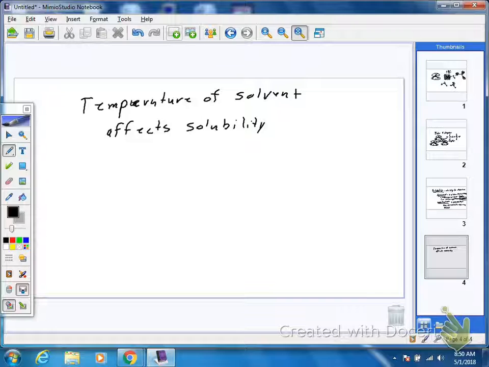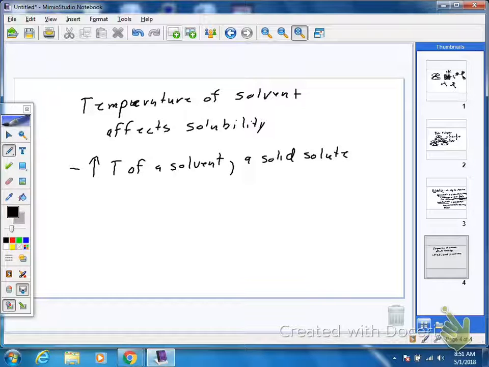Okay, so you guys could probably tell me, if we increase the temperature of a solvent, how does that affect how much can dissolve? What do you think? Increases. Increases for the majority of it, not everything. But if we increase the temperature of the solvent, a solid's solubility increases.